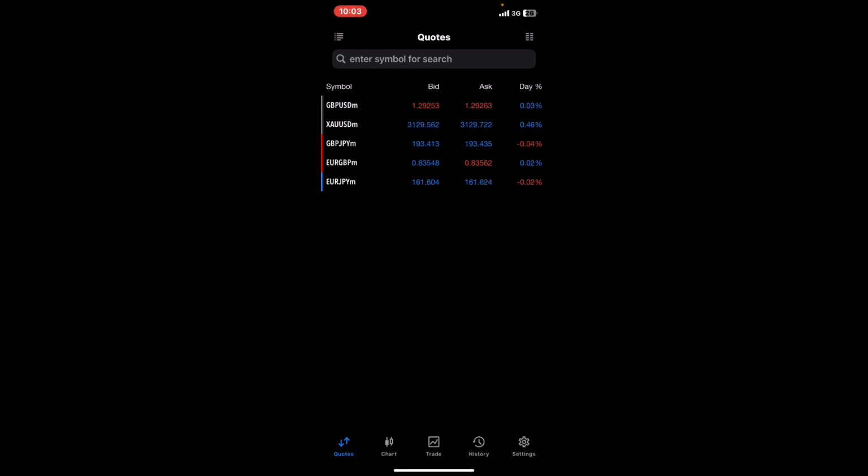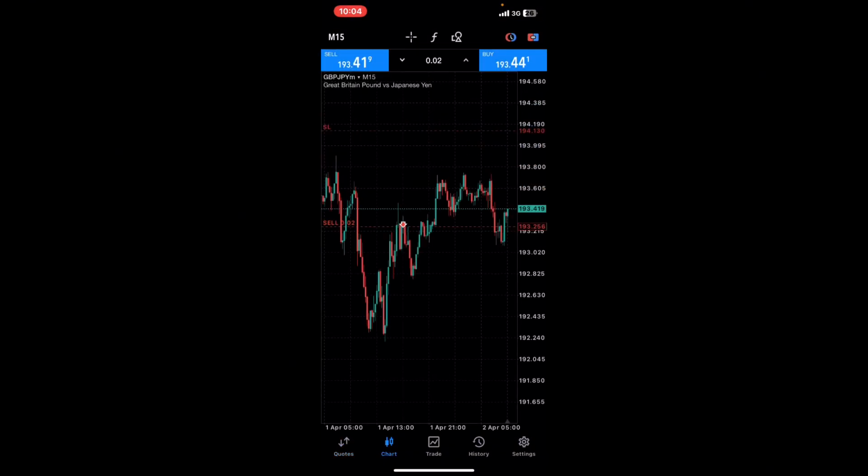Like you can see, I have some of my forex pairs here, like GBP USD, XAU USD, GBP JPY, Euro JPY, and Euro GBP. So I come to my chart to press buy or sell after taking my analysis on my TradingView app.